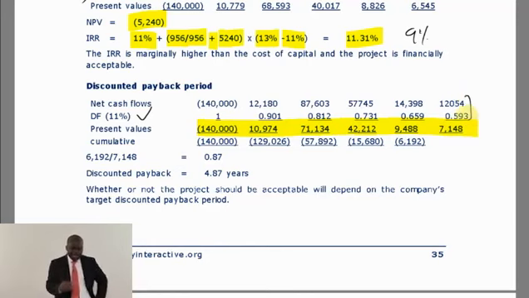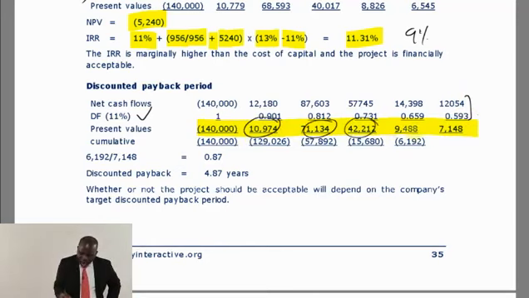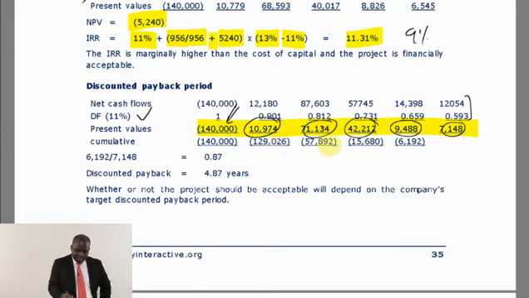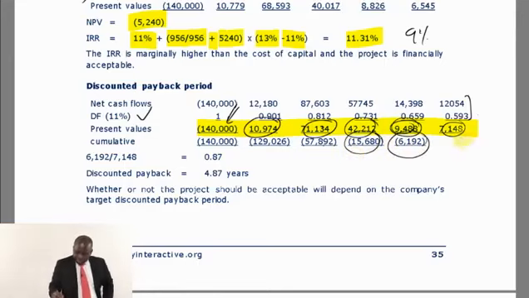How many years am I going to use these present values here to pay off this 140 million? So 140 minus this will give you that. 129 minus that will give you this. And then 4221 from that will give you that. Then you take this 1 2 also out of that, and then it will be left with 6192. And that 6192 is supposed to be paid for by this figure.